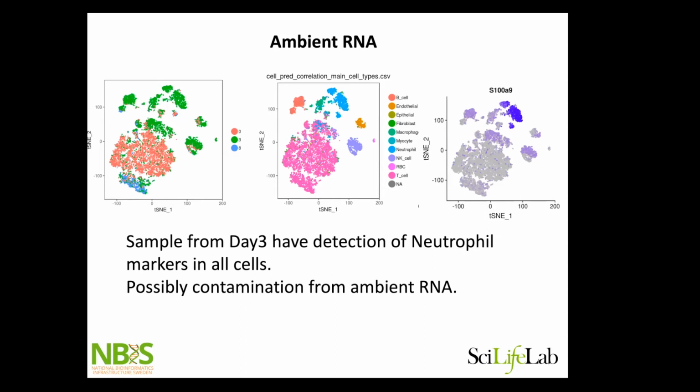So this is quite likely one of these ambient RNAs that leaked out and ended up everywhere. And these might be batch specific, or they might be in all your batches. It's not easy to know.